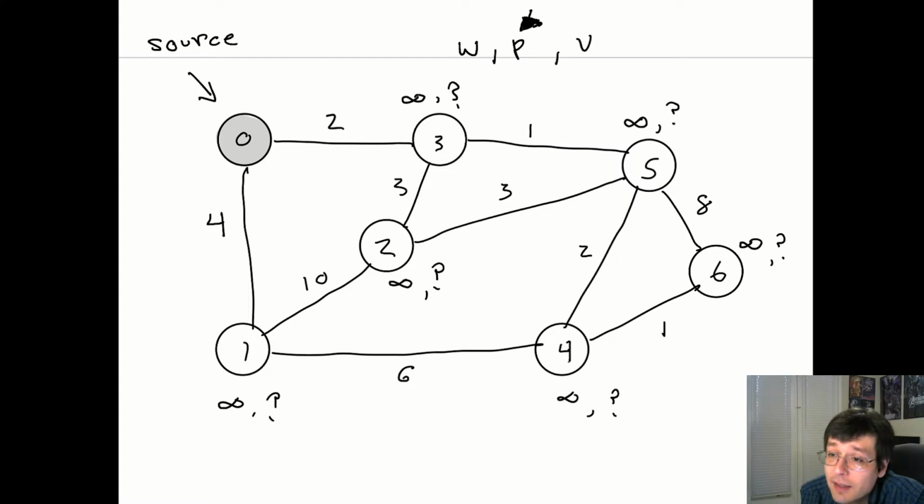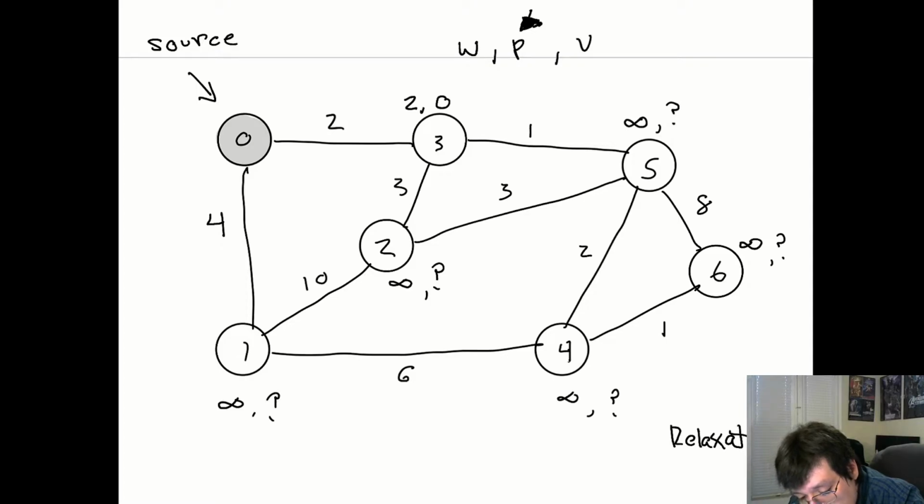So what that means is that we have found a new path through a different vertex that is better than the one we have. And of course, anything is better than infinity. So I'm going to go ahead and put a 2, and I'm going to put the parent. I'm going to say, well, I came through the 0 vertex, so I'm going to put 0 there. And that's what you're going to do for all vertices, basically, okay? This process is known as relaxation.